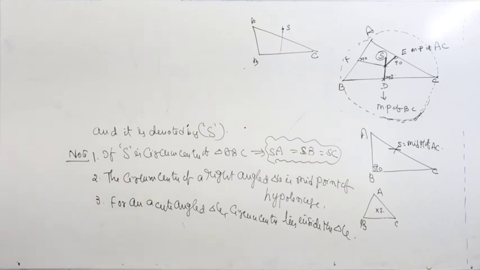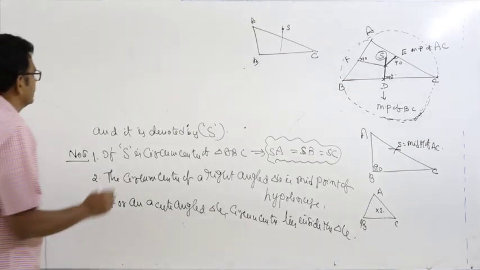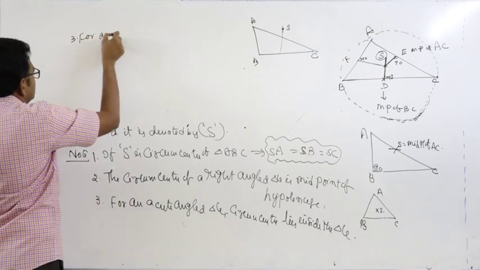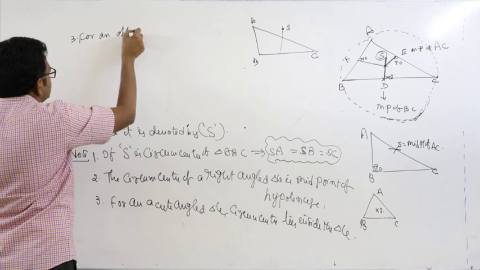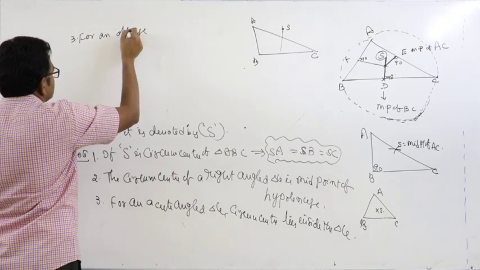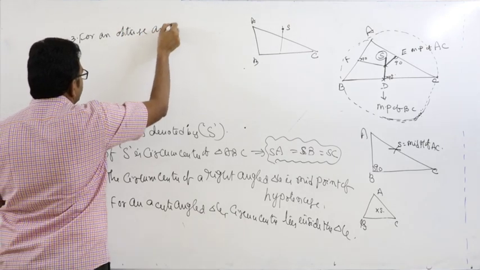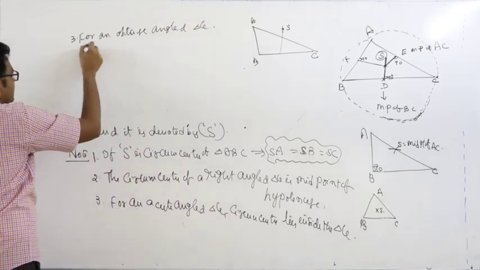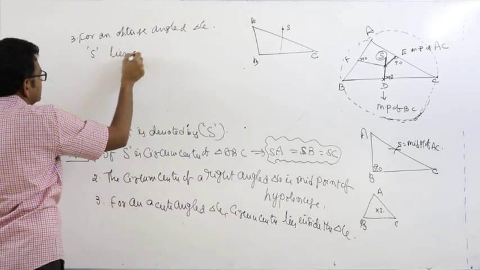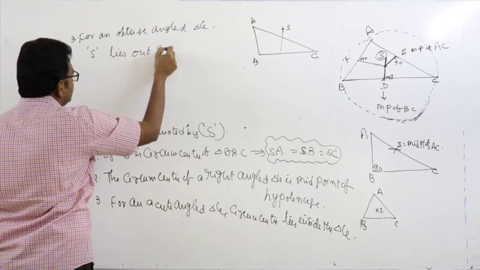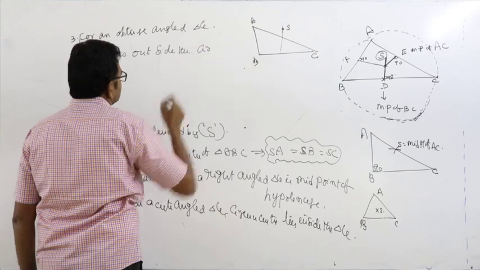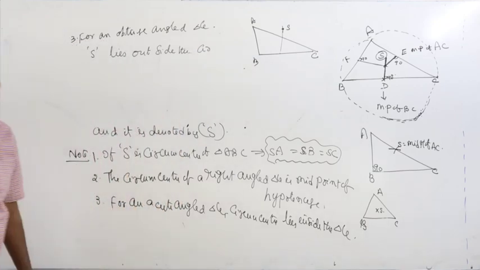For an obtuse angled triangle, S, the circumcenter, lies outside the triangle.